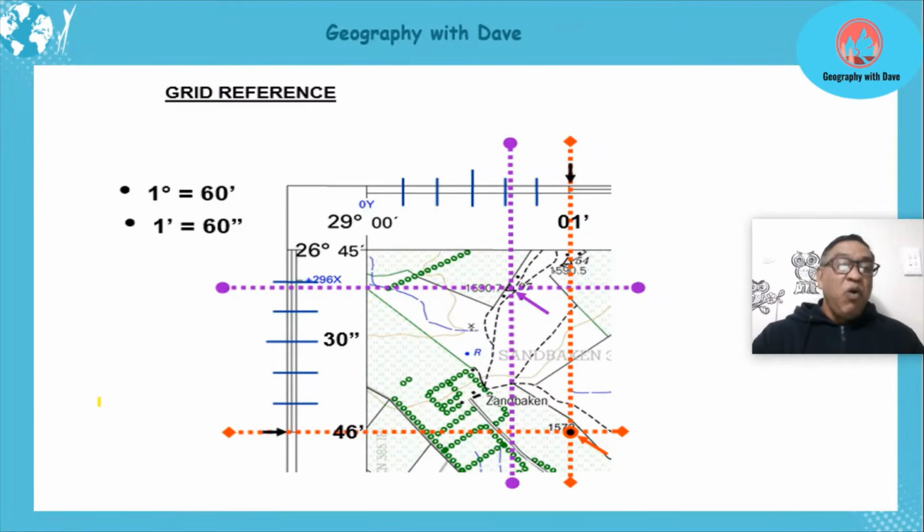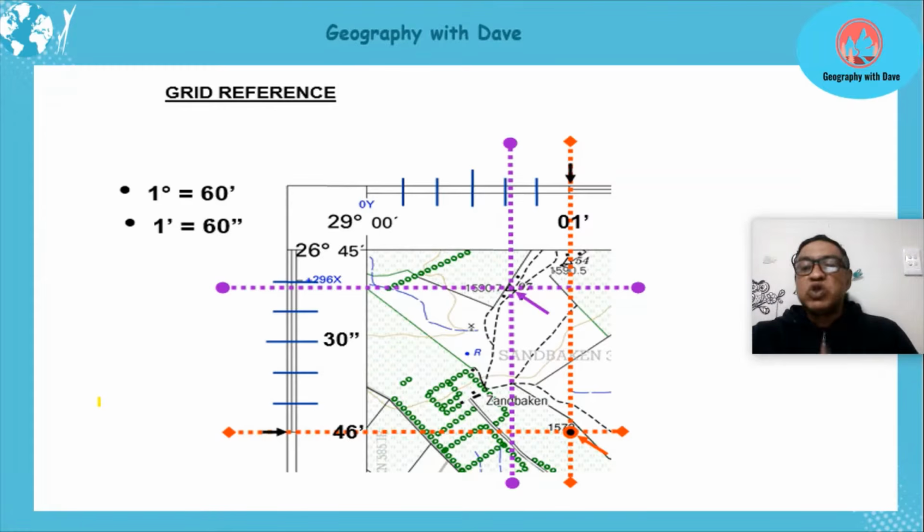Now, before we actually start working out the grid reference, it is so important to know the basics that you will need in order to work out the grid reference.